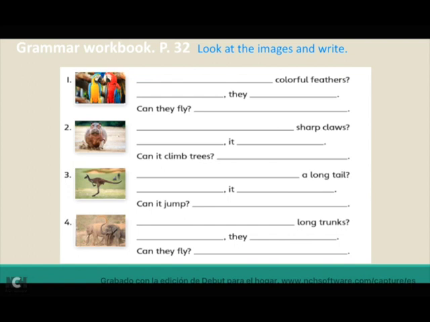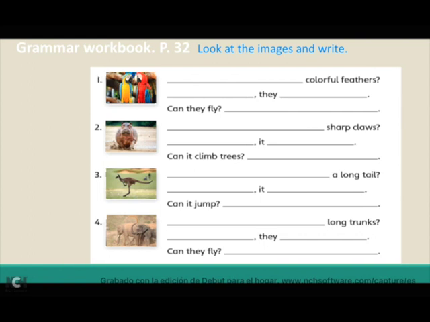You have to complete the questions and the answers. Now let's see an example. Number 1. Do the parrots have colorful feathers? Yes, they do. And the second question, can they fly? Yes, they can. Now complete the exercise.